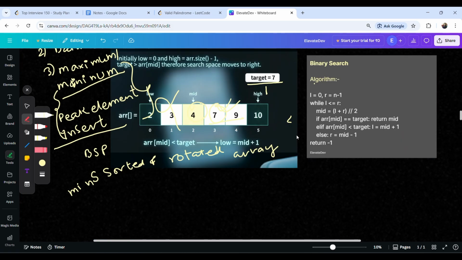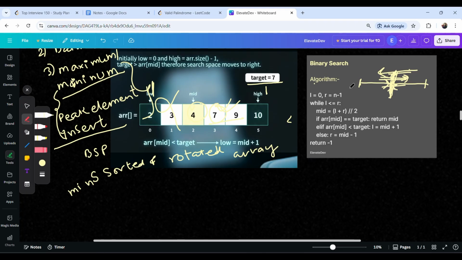And in binary search, both pointers, left and right, start from the very ends of the array and move towards each other, and they stop the moment they reach each other. They never cross the path.